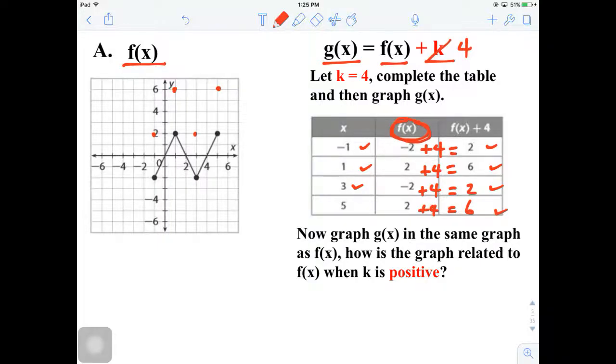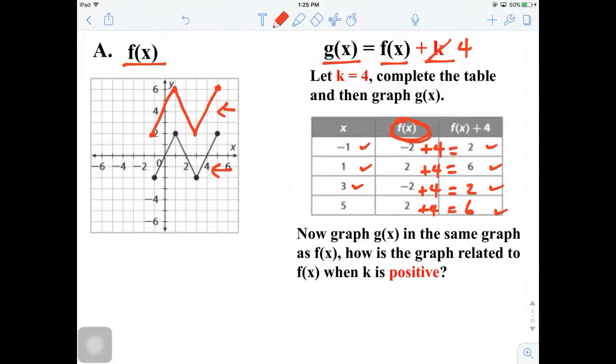If we follow the same shape as the original graph, then we can draw your transformed graph. This is the original right here, and this is the transformation. So we've got the two graphs. If you take a look at the original black graph compared to the red one, what happened to the graph? Take a minute to think about that.